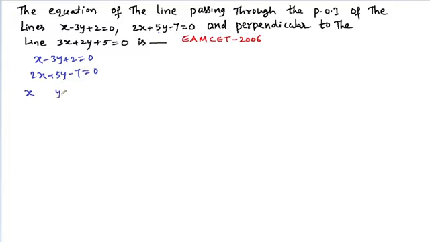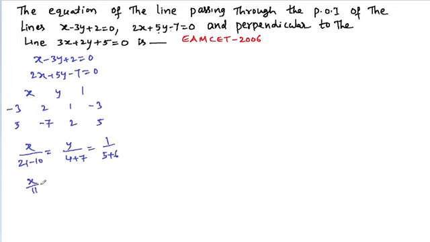That is x, y, 1, this is minus 3, 2, 1, minus 3, 5, minus 7, 2, 5, that is x by 21 minus 10, y by 4 plus 7, that is equal to 1 by 5 plus 6. Therefore x by 11 is equal to y by 11 is equal to 1 by 11. Therefore the value of x is equal to y is equal to 1.